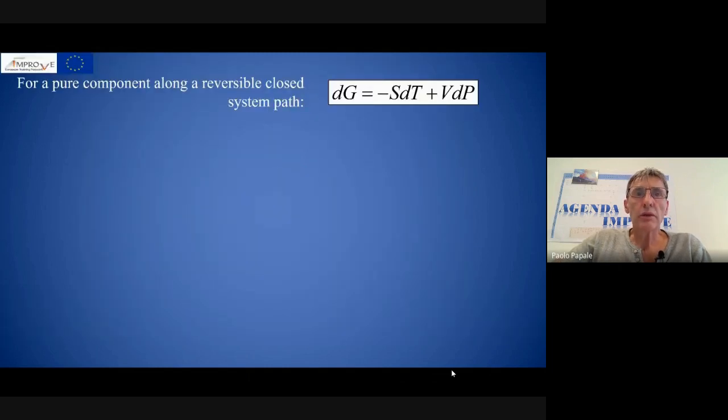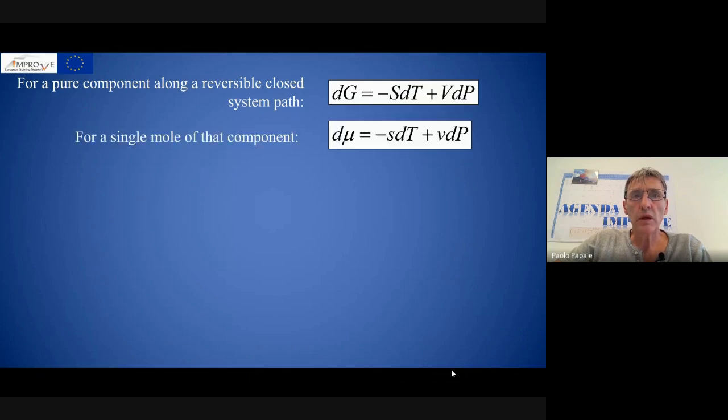Let's start from the Gibbs energy. Here is the differential of the Gibbs energy for a pure component along a reversible closed system path. Well, we know from the previous lesson that reversible justifies the equality sign, and closed system justifies the absence of the chemical potential term. We have seen in lesson 2 that for a pure component, the chemical potential corresponds to the molar Gibbs energy.